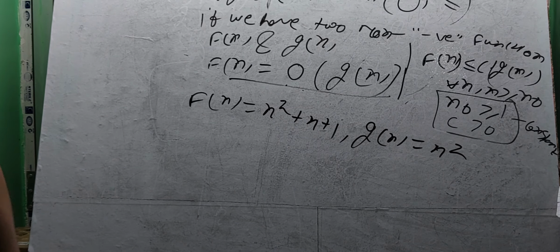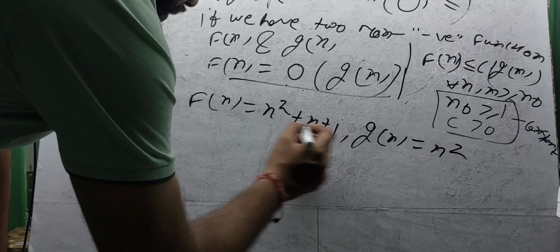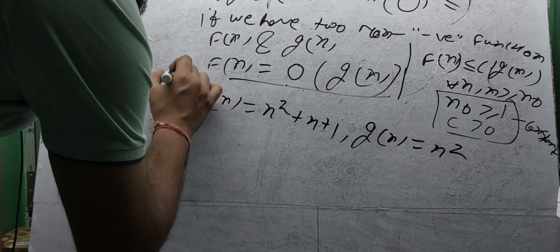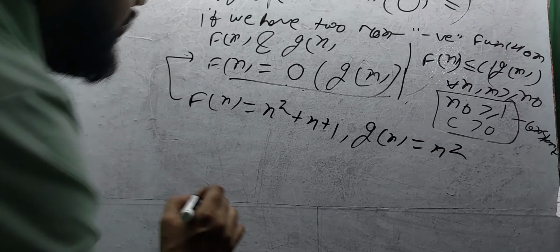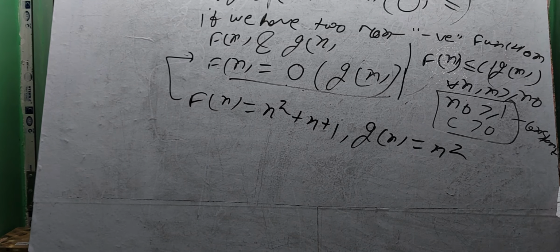If you want to write this way, then we will need to find some constant c and n naught value.